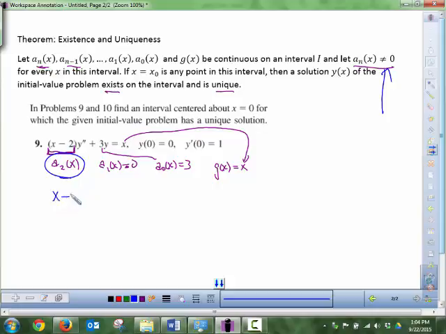So x minus 2 is equal to 0 when x is equal to 2. So we have an issue at 2. Our differential equation is probably not going to be continuous there. Now, whether it's a vertical asymptote or something else, we don't know right now. I think we'll eventually find out. But at this point, this is all we know.